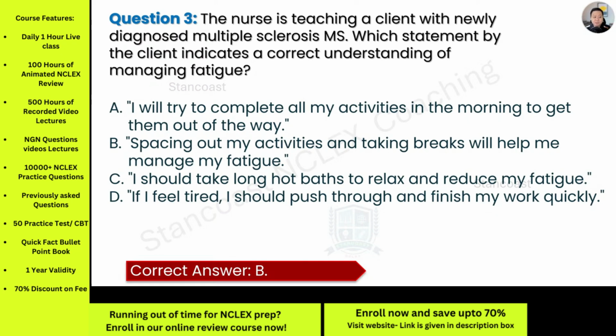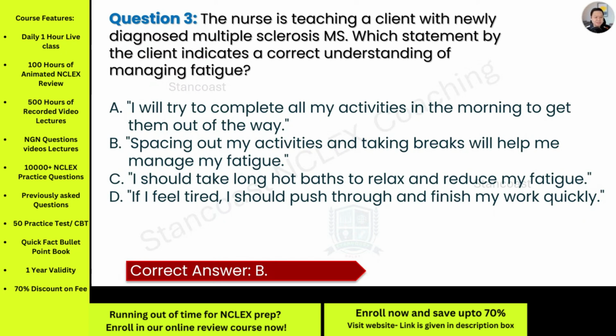So options A, C, and D are all incorrect. If you selected letter A, this can worsen their fatigue. And take note that with MS patients, they need to conserve their energy and make sure that they spread out all the activities during the daytime.